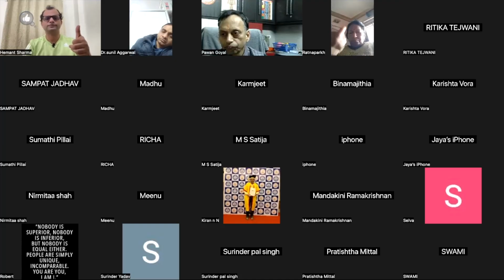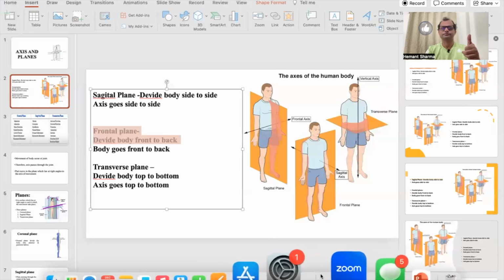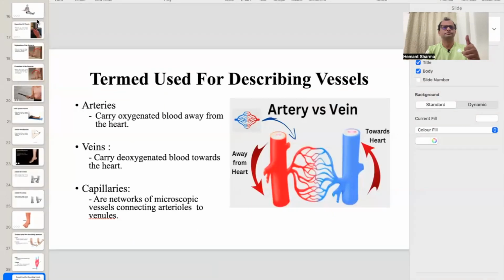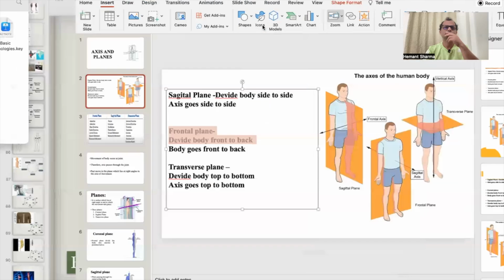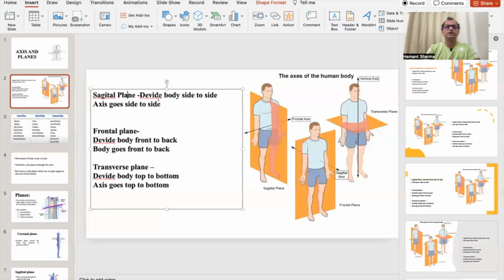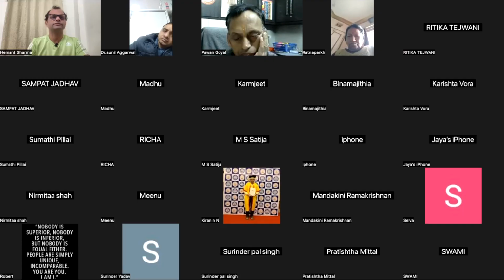Okay. Now, second. Sagittal plane, Shivaji Maharaj's sword, divides the body side to side. Am I right? Side to side. Is it clear? Look here. The sagittal plane divides the body side to side because we are cutting the body into two parts.